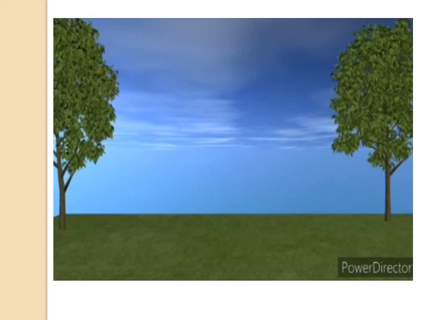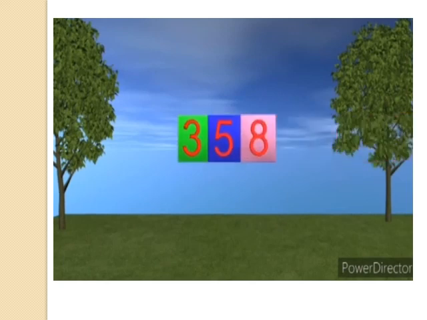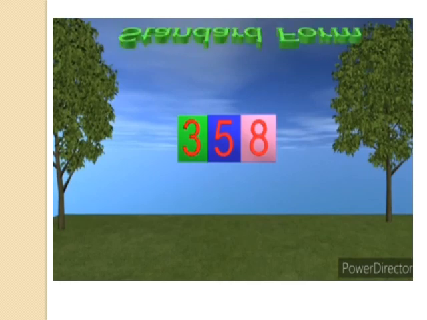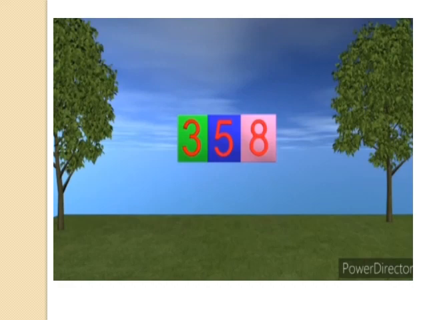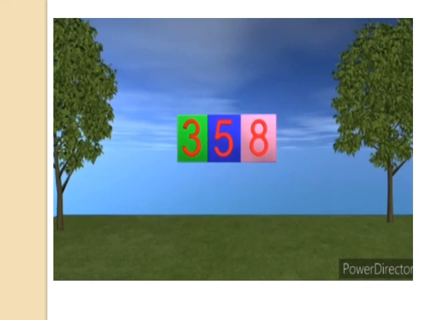So, here is the number 358, and it is in its standard form. Now, 3 comes under hundreds place, so its place value becomes 300.